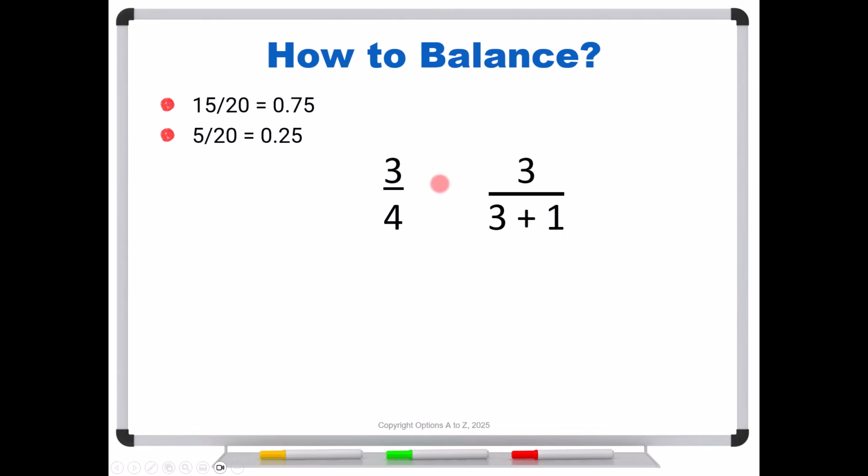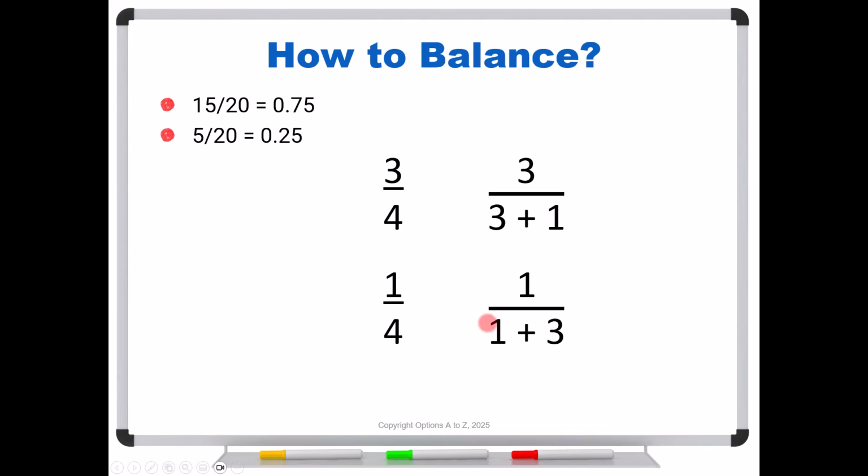If you have a 75% chance of winning a game, you would have to bet 3 to make 1. Because again, you've got 75% of the probabilities in your favor. You have to pay a lot to make a little. We could go in the other direction. We could use this number down here and say it's 1 out of 4. How do we figure it out? Swing the 1 down below, and then say, what number do I need to add to it to give me this number, the denominator over here?